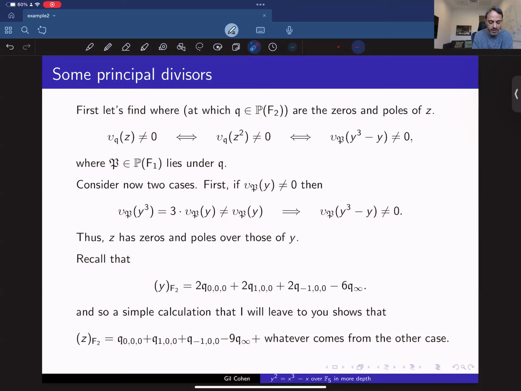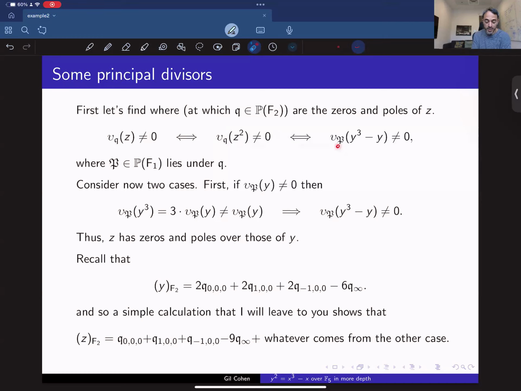So what we are going to do is say, if Q is some pole or zero of Z, then VQ of Z is non-zero, by definition. And I want to relate it to Y, so I say this is equivalent to VQ of Z squared being non-zero, because VQ of Z squared is twice VQ of Z. Now, because Z squared is Y cubed minus Y, if there is a prime divisor Q such that VQ of Z squared is non-zero, then the prime divisor capital P below it also satisfies that, because only the ramification index is the ratio between them.